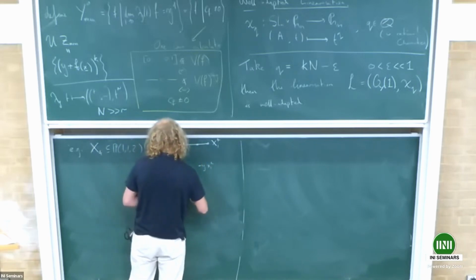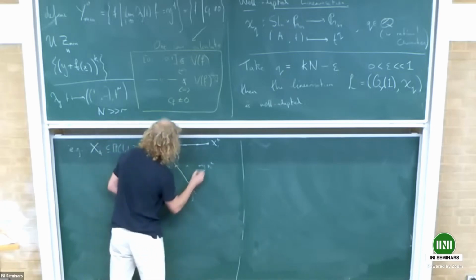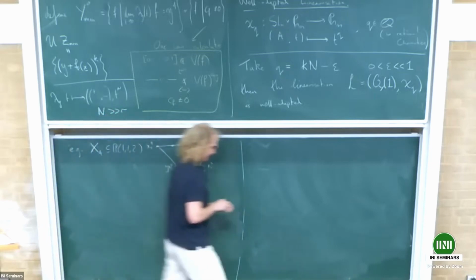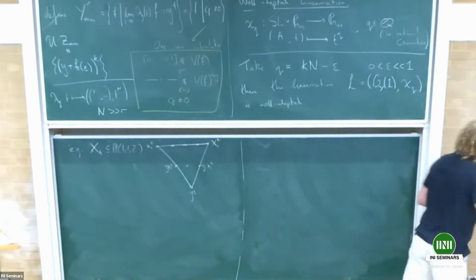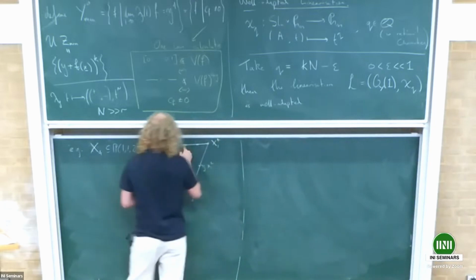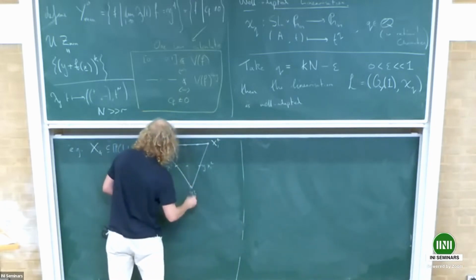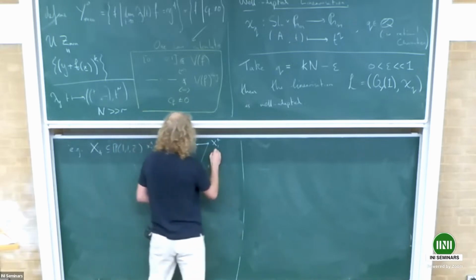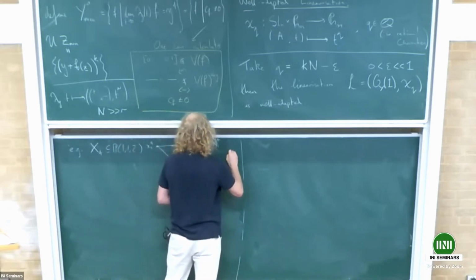And at the bottom, we have y squared. So this is what our torus weight picture looks like, and the origin is sat just around here, in the torus weight picture.